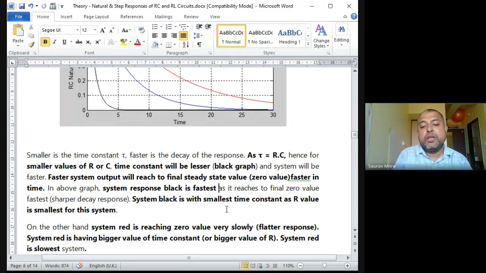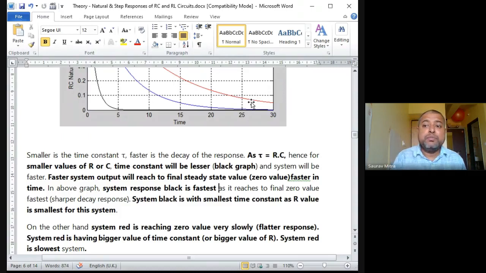System black has the smallest time constant as its R value is smallest, provided C is constant. On the other hand, system red is reaching zero value very slowly. This is called a flatter response. All are exponential, e raised to minus t by RC.